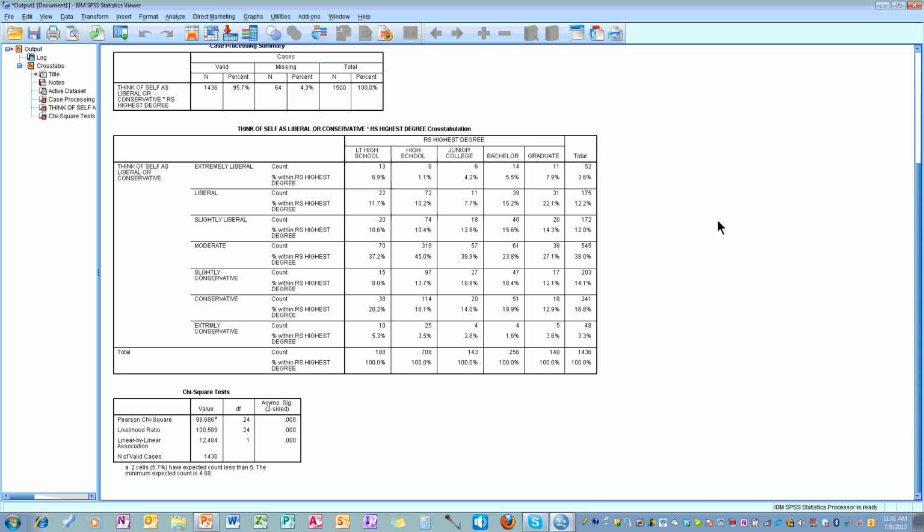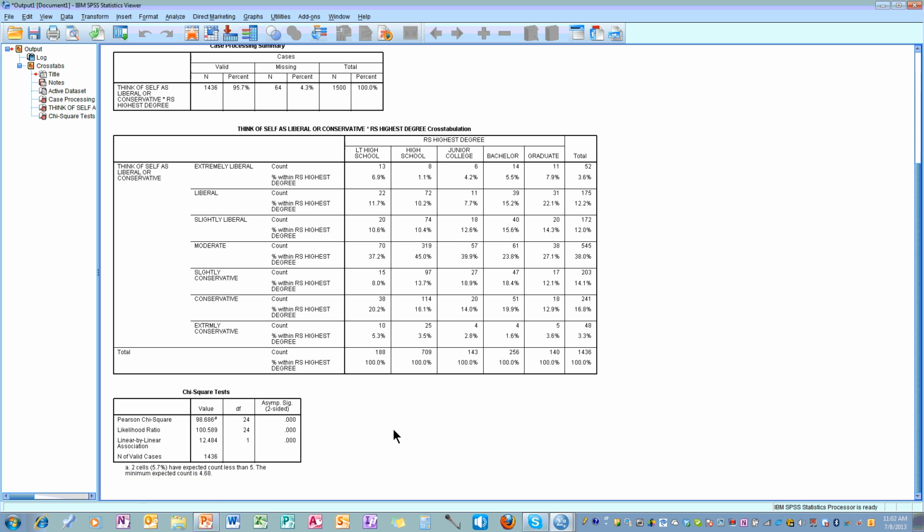But now what we want to determine is whether or not that relationship is statistically significant. So we go on down here, and here are the rules for interpreting your chi-square. You read just your Pearson chi-square statistic. Here's the reported value. The degrees of freedom tell us a little bit about how big the table is, as discussed in Chapter 11. And then most important, you're reading here for the significance level.